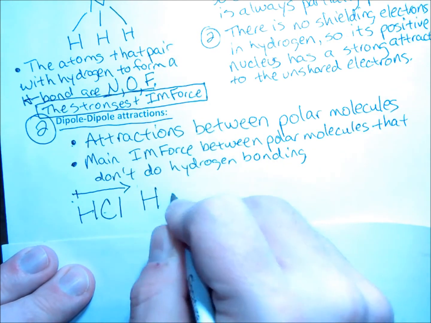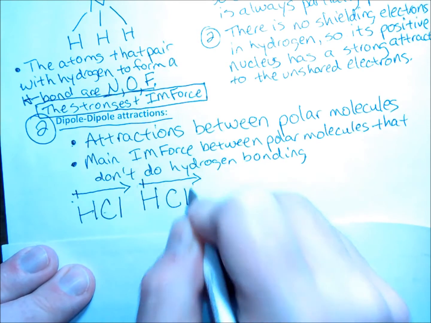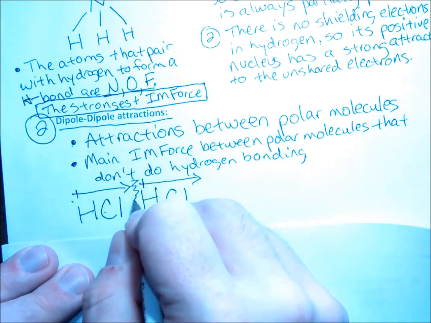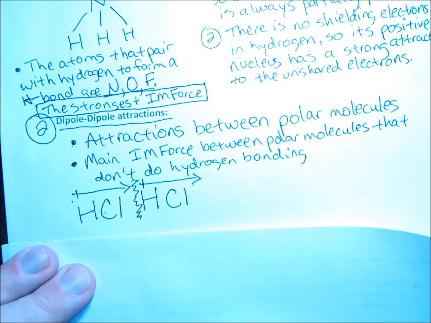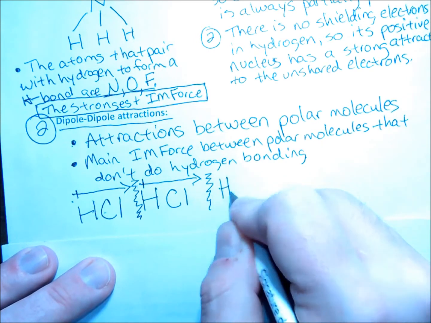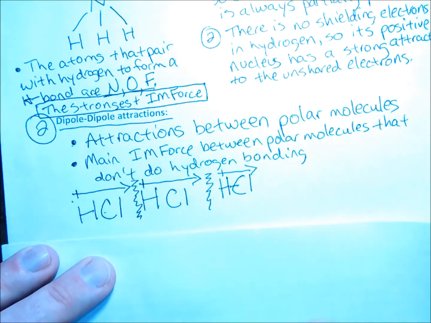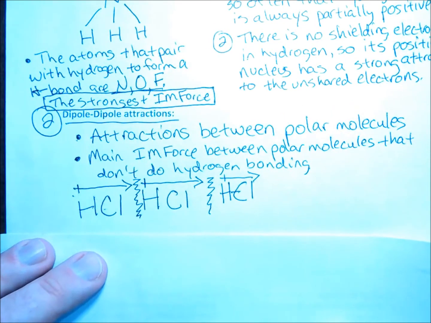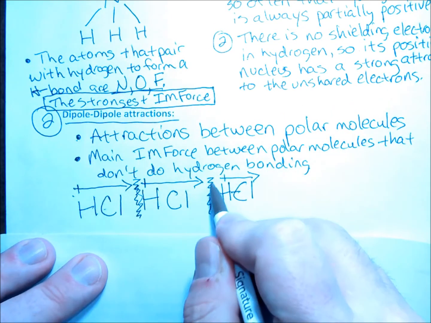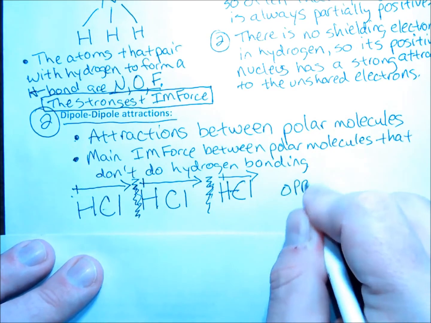And the way these things stick together, between two of them, that right there is the intermolecular force, your dipole-dipole attraction. And as many as you're going to have, that's your intermolecular force. Right here, right here. Okay?